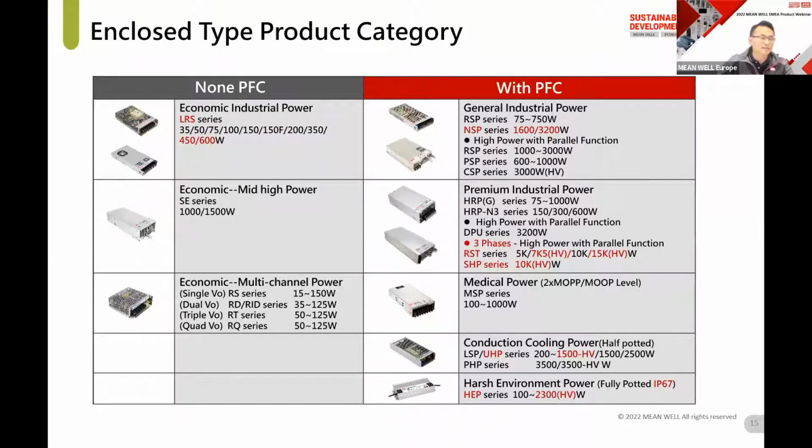Regarding the 3-phase input, RST 7K5, RST 15K, and SHP 10K are newly launched products. With parallel functions, they can provide up to 30K watt from the RST, or even more, 40K watt from the SHP.